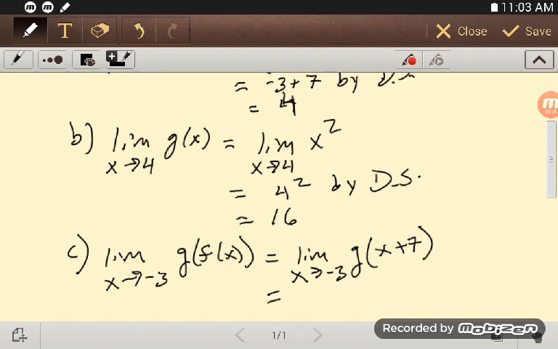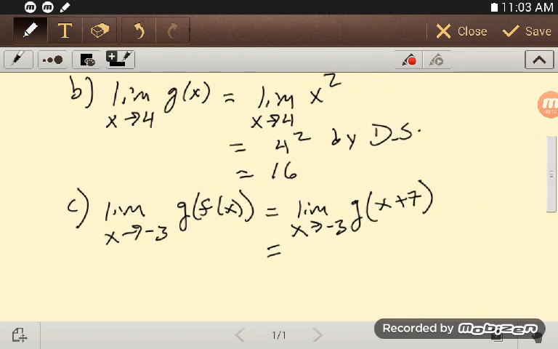And that is the limit as x goes to -3 of x plus 7 squared, which we can do by direct substitution if that's what we want to do.